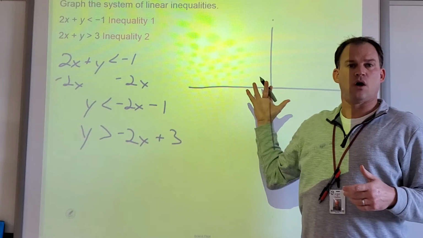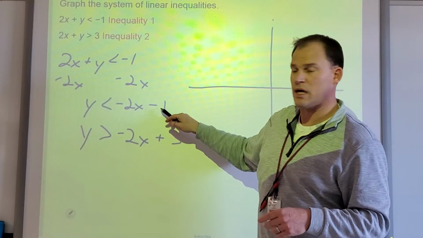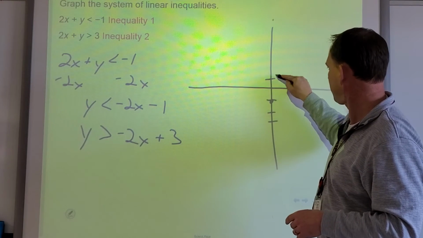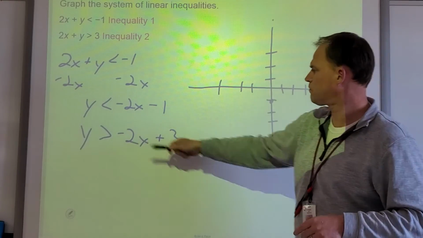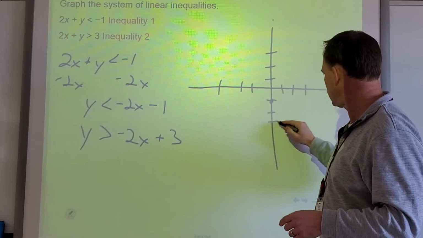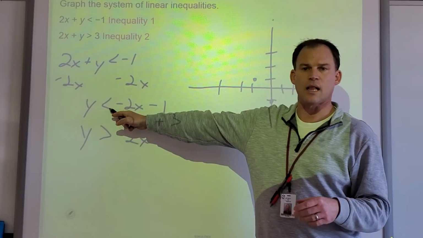Graph your two lines on the same graph. So, intercept. What's my slope? Down 1, right 1. Solid or dotted?